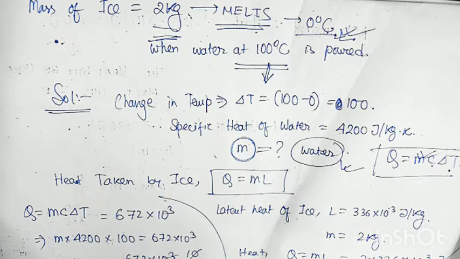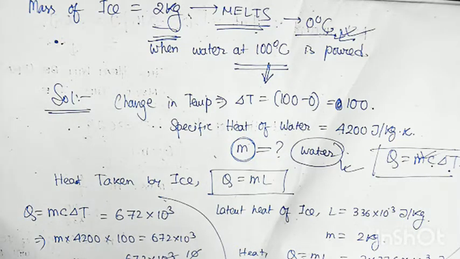So the question must be understood very carefully. 2 kg of ice just melts by pouring water of 100 degrees centigrade. Means the water will come down from 100 degrees centigrade to 0 degrees centigrade, and in this process the water will leave the heat that will just melt 2 kg of ice, not more than that, not less than that.